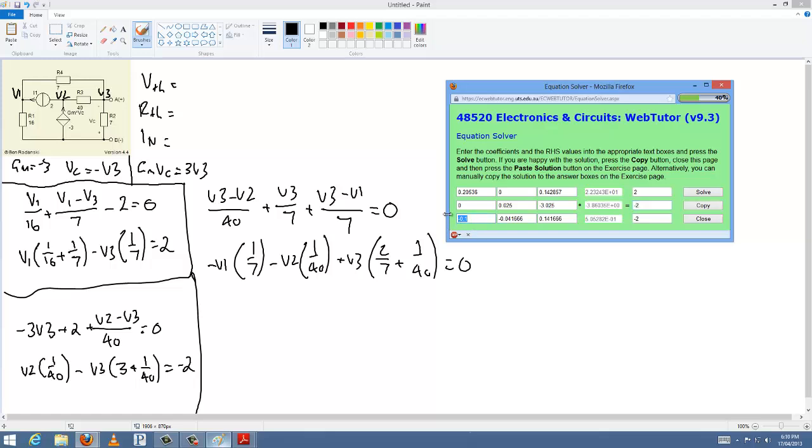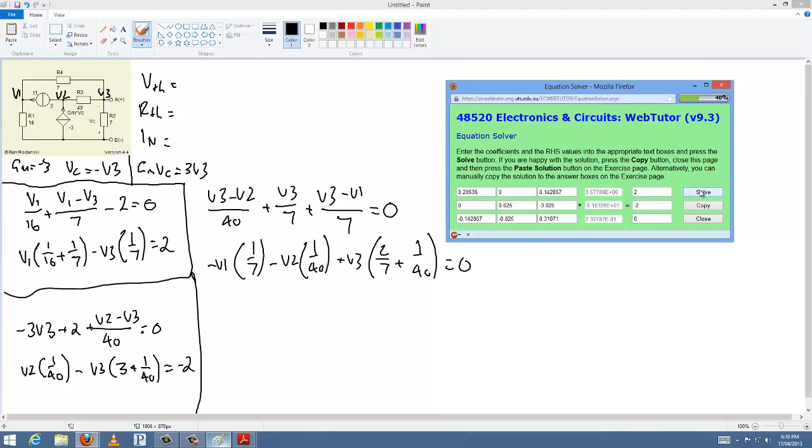For our last equation, we have negative 0.142857, negative 0.025, 2 on 7 plus 40 is 0.31071 with value 0 at the end.